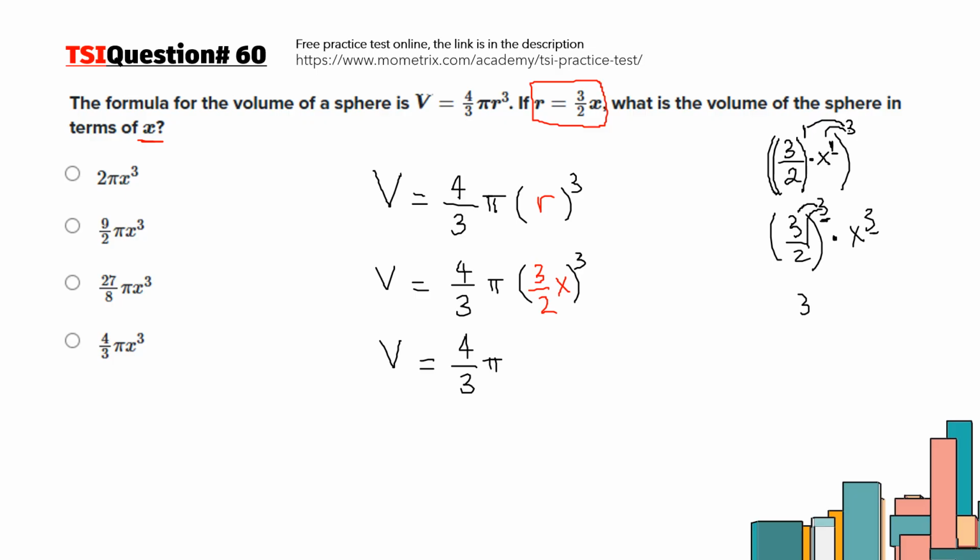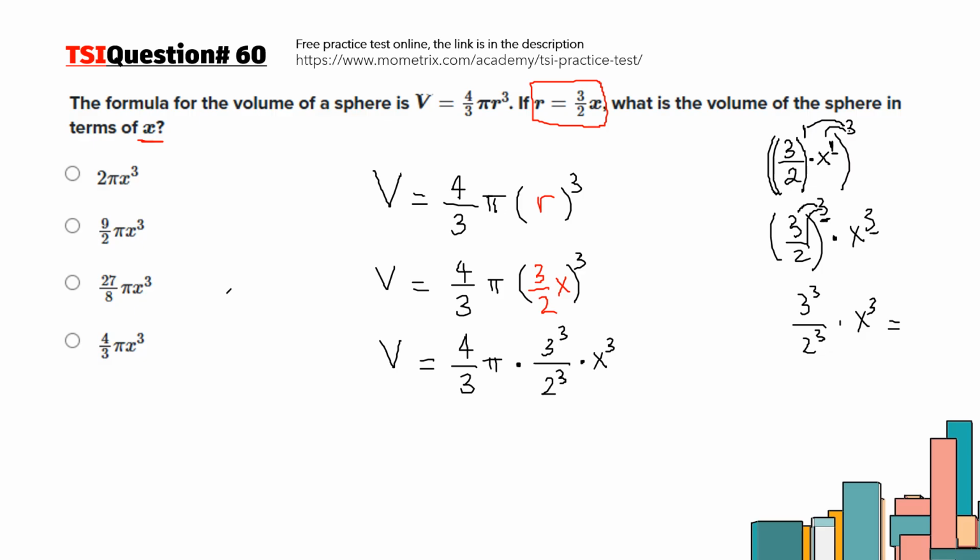So we have 3 cubed over 2 cubed times x cubed. Let's just write that down.